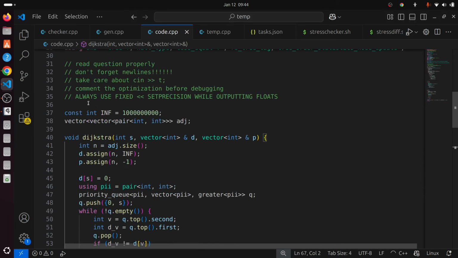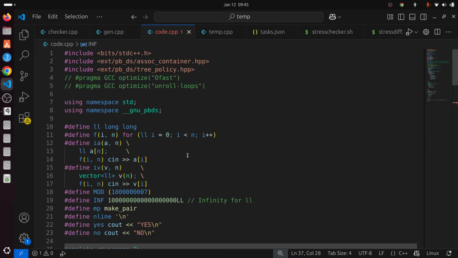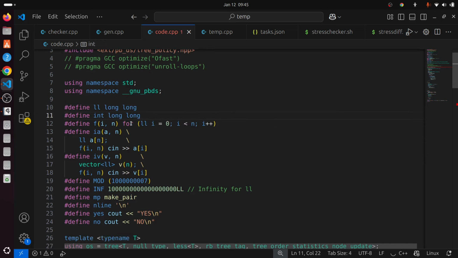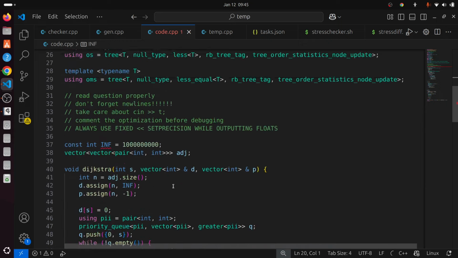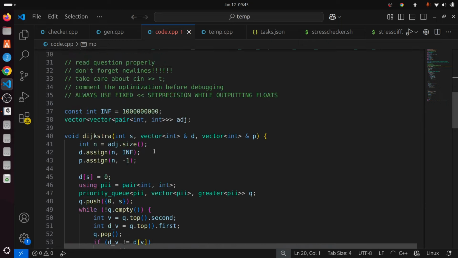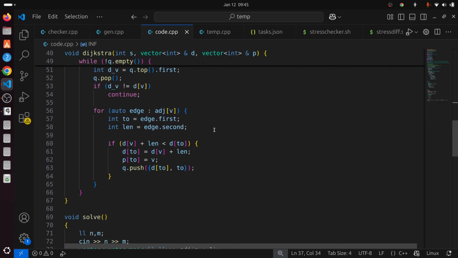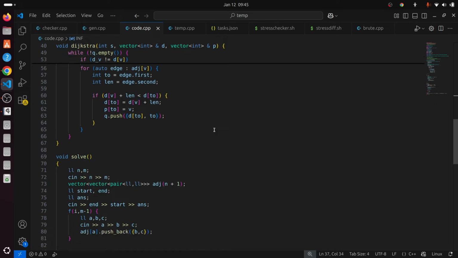I'll just define int long long. First of all, define int long long as well. And I'll remove this INF. And I'll increase this thing. And also, I'll just call this Dijkstra function.